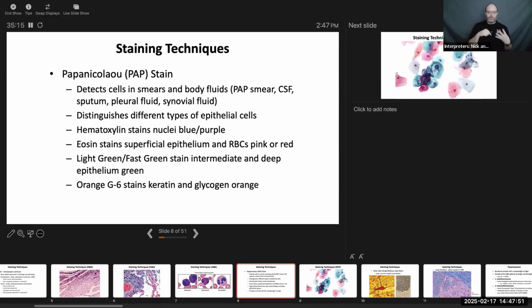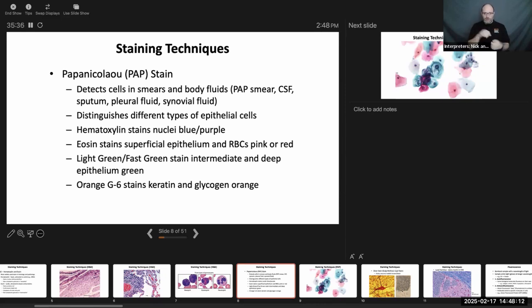Then you have a third stain called light green or fast green. This is going to stain any intermediate or deeper epithelial cells. And honestly, off the top of my head, I don't recall what the difference is between those kinds of epithelial cells, that one stains green and the other one stains pink. But that's what this stain is looking for.